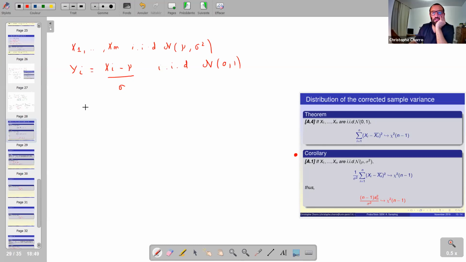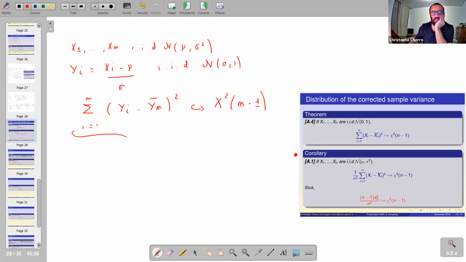That is, the sum from i equal to 1 to n of (Yi minus Yn overline) squared follows a chi-square of parameter n minus 1. Why not?